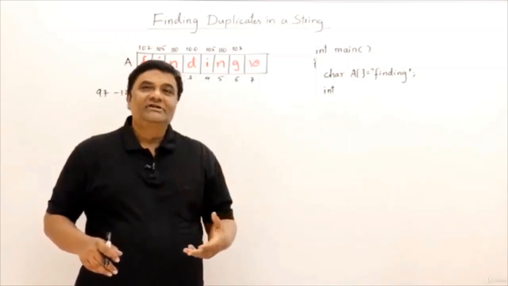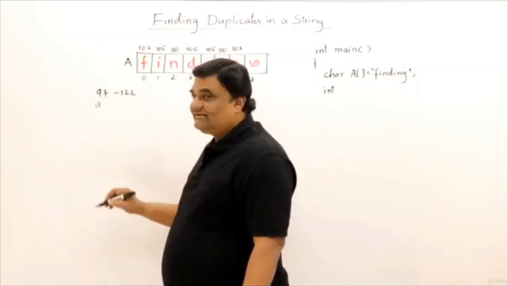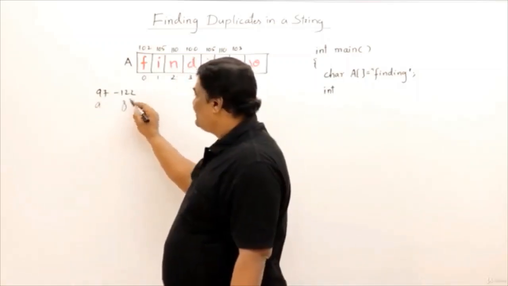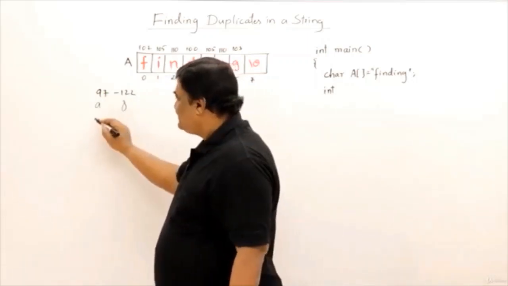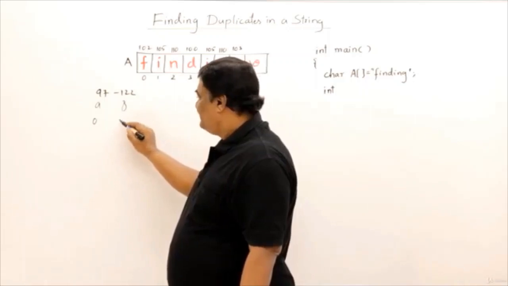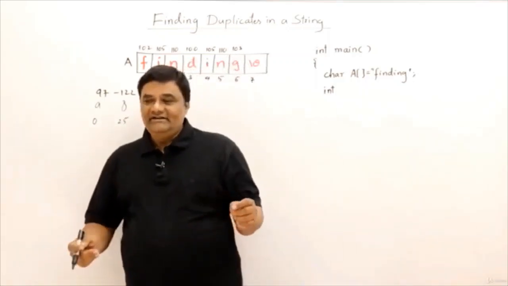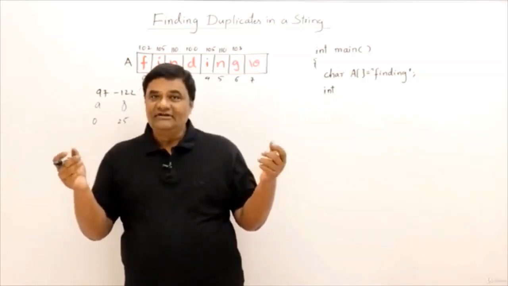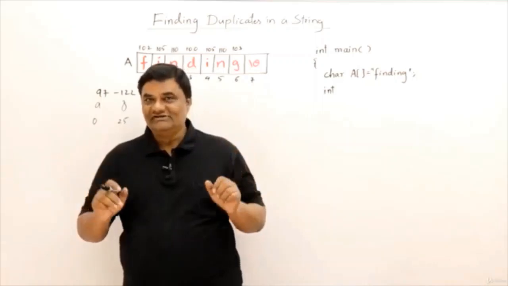Why create such a lengthy array when we know that the first letter, lowercase a, is 97 and lowercase z is 122? So why can't we call this a 0, right, and b as 1 and so on? So this will be 25. So 0 to 25, total 26. So it means an array of size 26 will be sufficient for us. Yes, an array of 26 is sufficient.